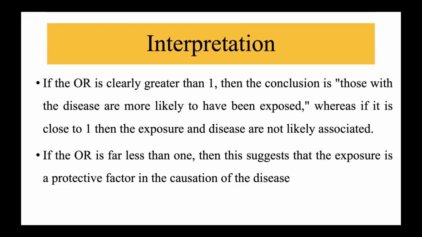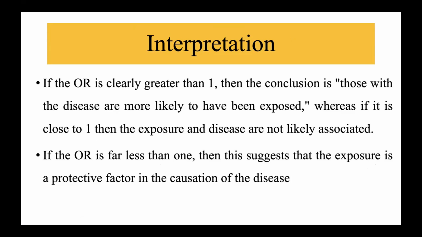Interpretation: if the odds ratio is clearly greater than 1, then the conclusion is that those with the disease are more likely to have been exposed, and there is an association. Whereas if it is close to 1, then exposure and disease are not likely to be associated. And if it is less than 1, then the exposure is protective.